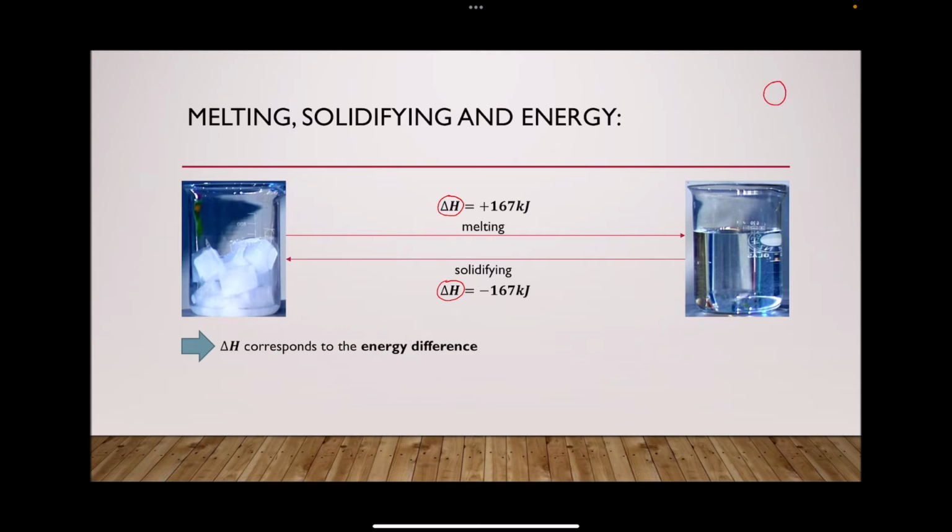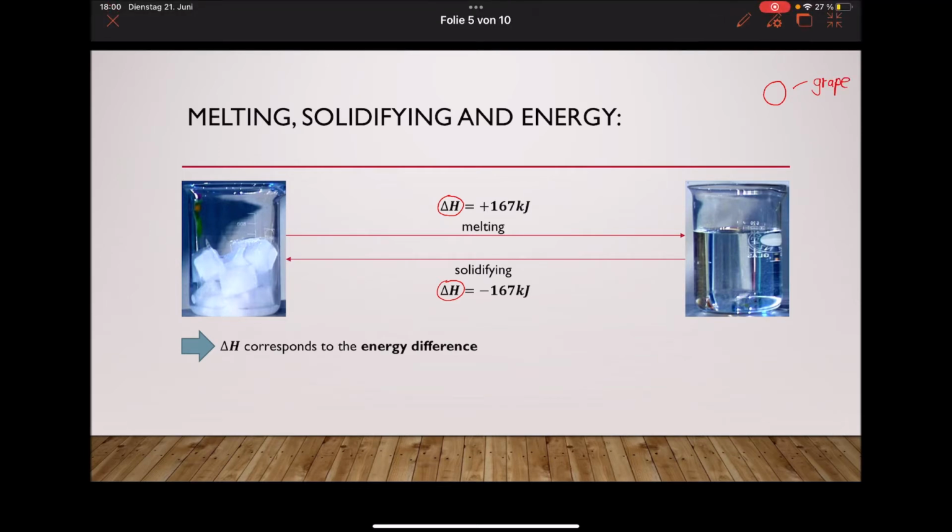So let's imagine this circle being a grape. And when farmers expect a cold night, then they sprinkle some liquid water onto the grapes. And this water solidifies and forms a layer of ice. But during the process of solidifying, heat energy is released and the grapes don't get that cold.